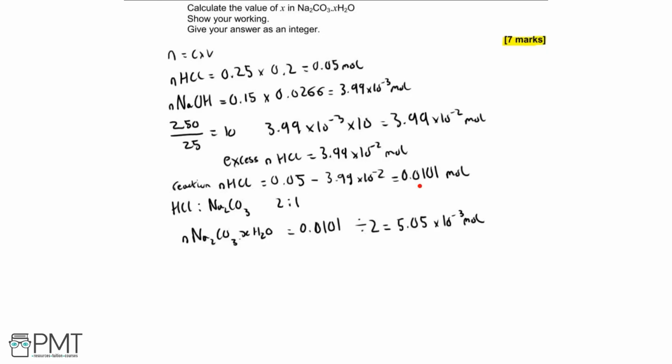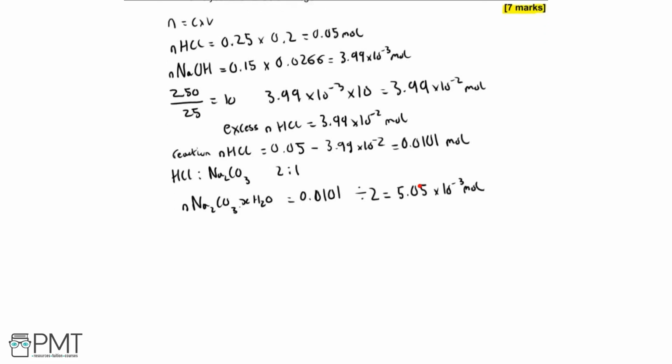And now that we've got that, we can start to actually work out the value of x. The way we can do this is by working out how much of the MR of the hydrated sodium carbonate, the hydrated part, the actual H2O, takes up. So MR is equal to the mass in grams over the number of moles.